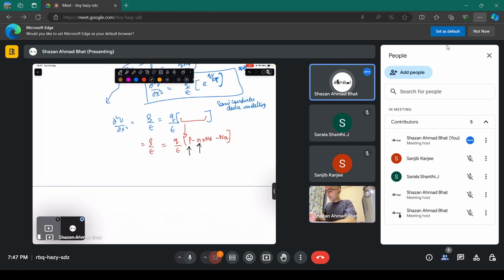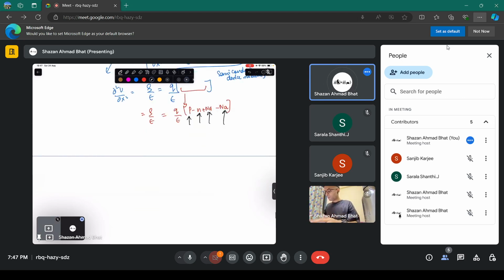You have to consider n, you have to consider ND, you have to consider NA. That will give you the actual picture of it. So when you consider all of these things, you get something like d square v by dx square equals q by epsilon times exponential of qv by kt minus 1.